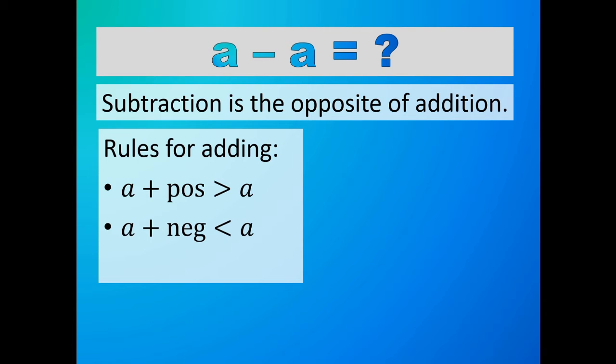Any number plus a negative number is less than that original number. For example, if I have 5 marbles and I add negative 3 marbles to it, I'm actually taking away 3 marbles. I explained in a previous set of videos that plus minus really means plus.